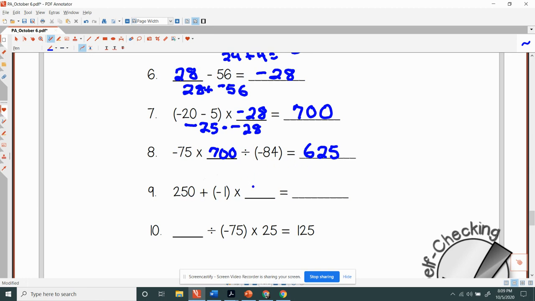Now we have to put the 625 here. And 250 plus negative 1, so that's 250 minus 1. So this, 249 times 625, negative 375.